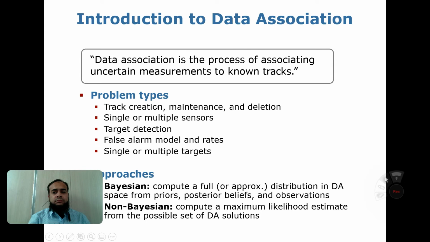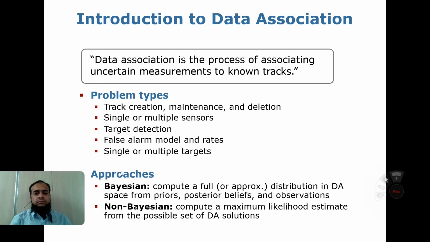So to solve these problems, we have different approaches, and the approaches may be Bayesian approaches like the Kalman filter. The Bayesian approach computes a full or approximate distribution in data association space from pairs of prior belief and observation.